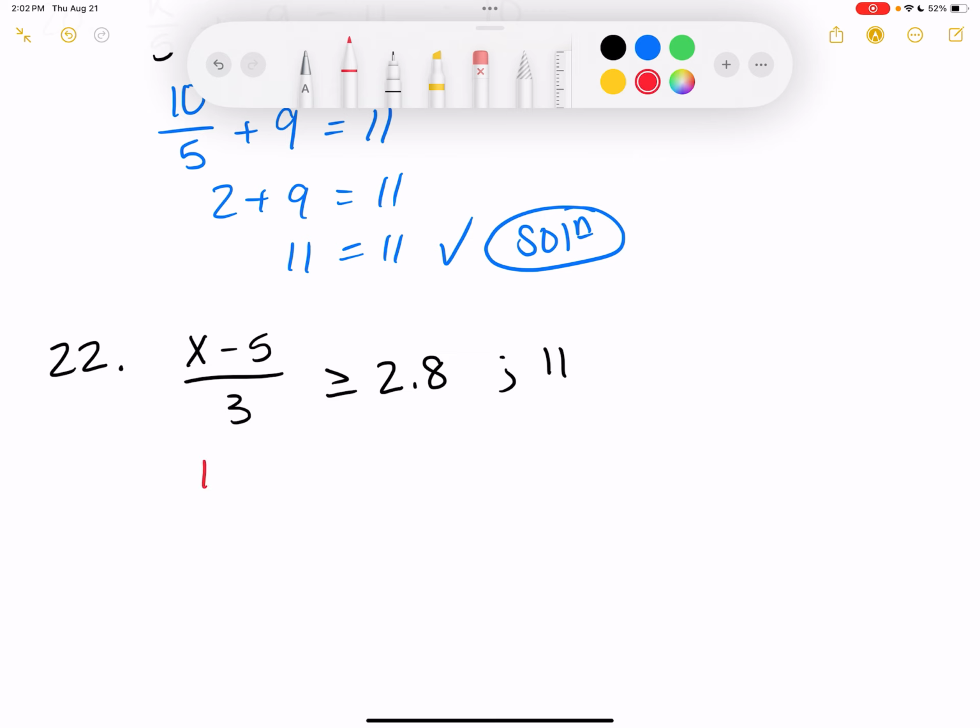So 11 minus 5 divided by 3 is greater than or equal to 2.8. What's 11 minus 5? 6. Yep, so then I'm just going to cross that out right here. 6 divided by 3 is? 2. So 2 is greater than or equal to 2.8. Is that true? No. Nope, so we would write not a solution.